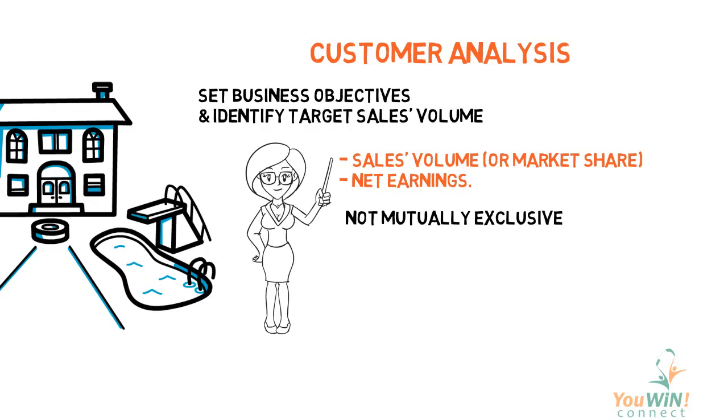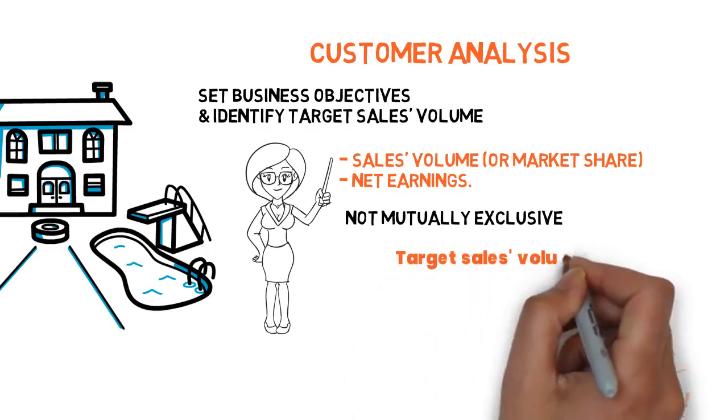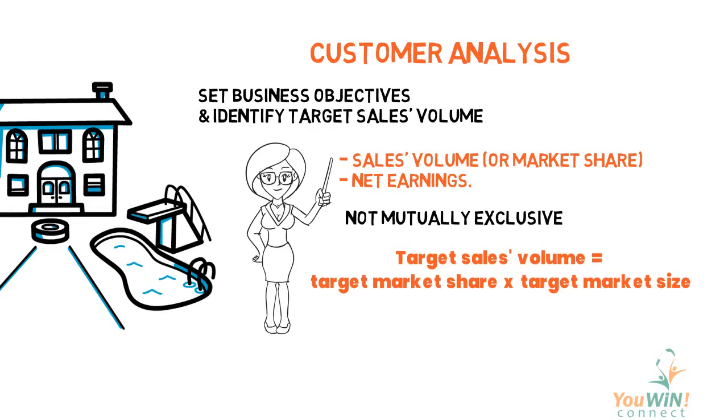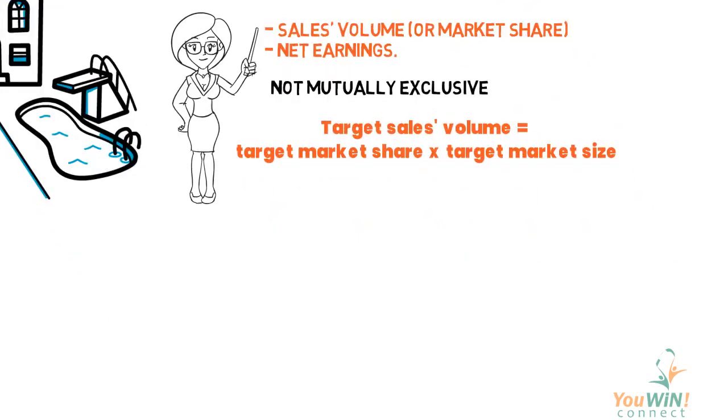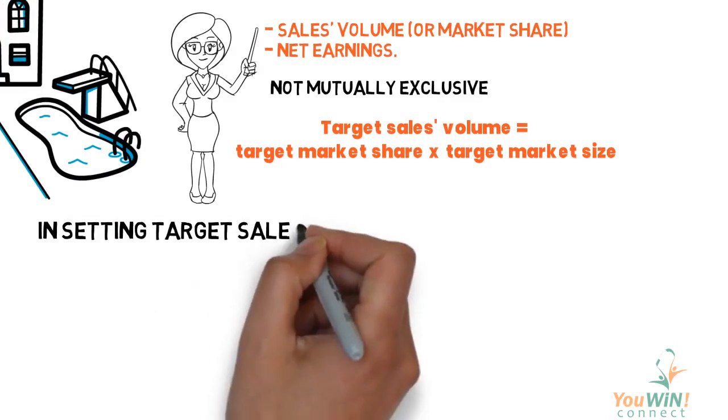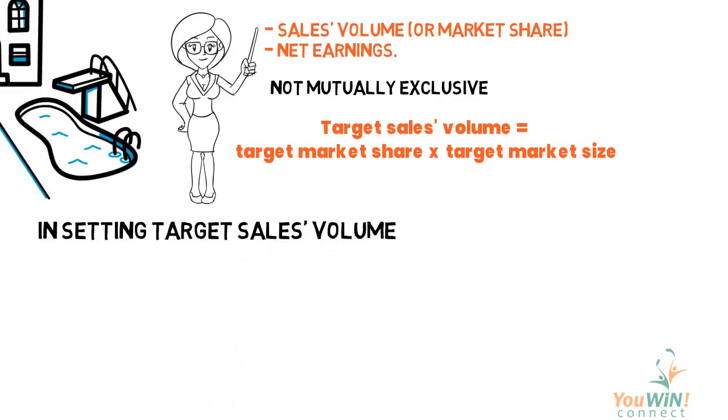So to calculate the target sales volume, you multiply the target market share by the target market size. All of these are estimates which help us to determine the revenues that accrue to the organization. In setting target sales volume, we need to be mindful of the following.